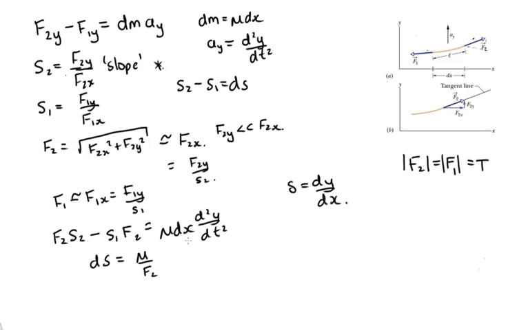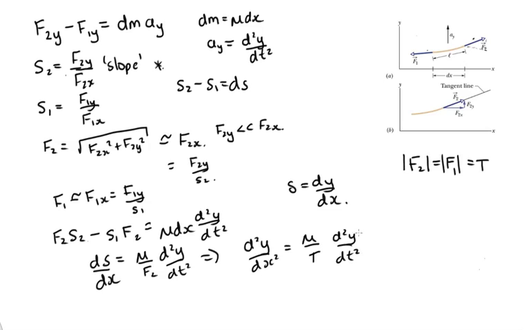Now we're going to move this dx over to the other side, which tells us that S, this is d of dy dx, so that'll be d squared y dx squared, is equal to mu over F2, which is the same as the tension, so let's put the tension there, times d squared y dt squared.